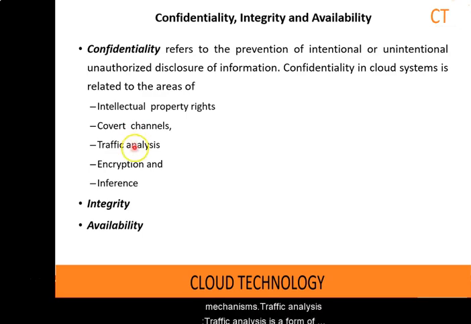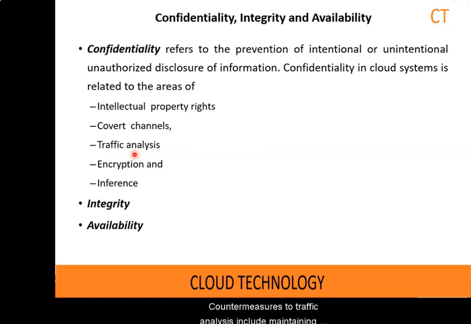Traffic analysis is a form of confidentiality breach that can be accomplished by analyzing the volume, rate, source, and destination of message traffic, even if it is encrypted. Increased message activity and high bursts of traffic can indicate a major event is occurring.